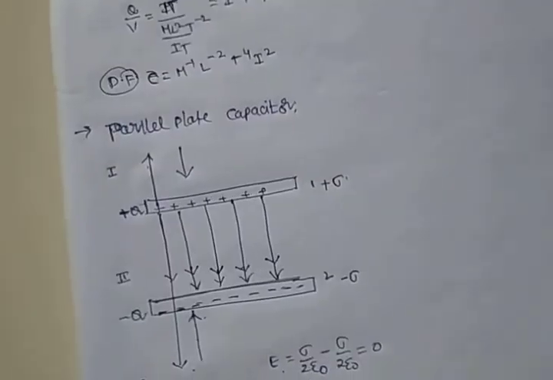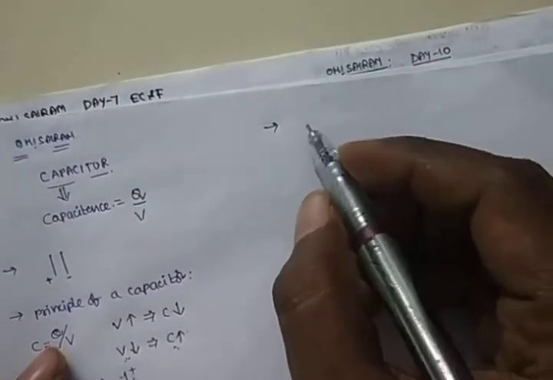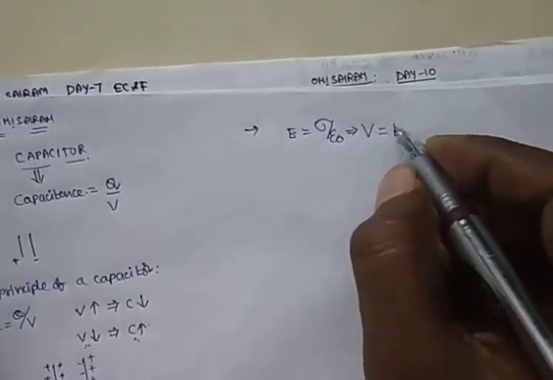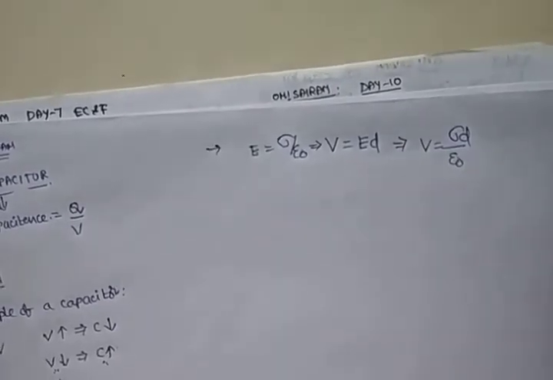That is the electric field intensity. You know the relation between the potential and field is V equals ED, so V equals sigma by epsilon naught times D.